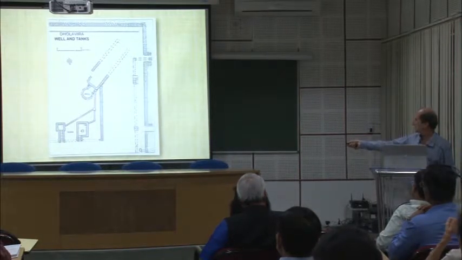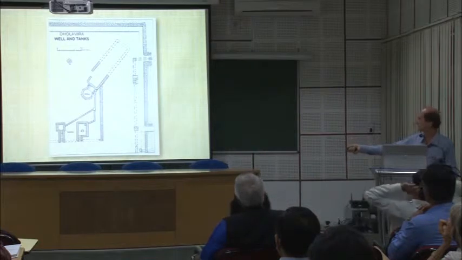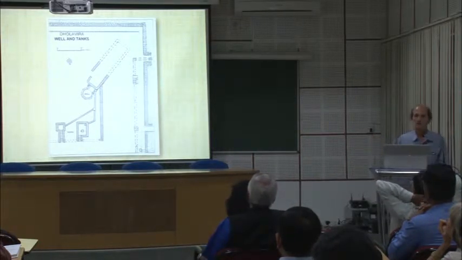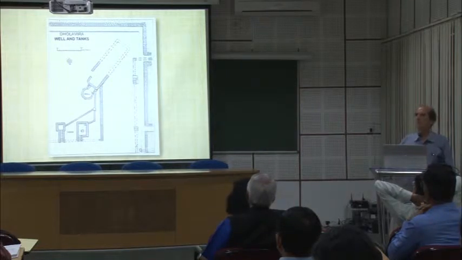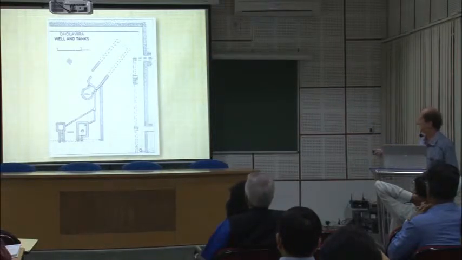This is actually a plan of this well I was showing you, the stone well here, with these two drains. What it means very simply is obvious. It means that if these two tanks, which are fed by other drains, are going to be full, instead of overflowing and wasting the water, you send it back to the well and you recharge the well. So you see how the whole system is very intelligently planned.